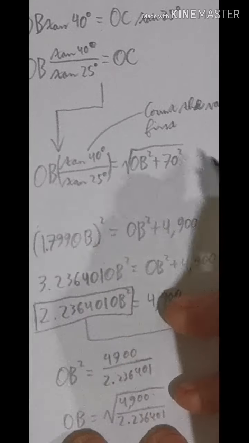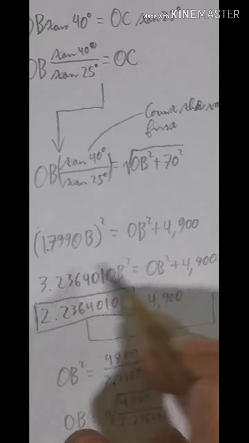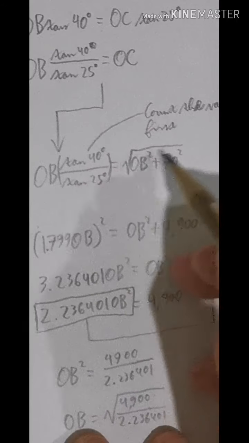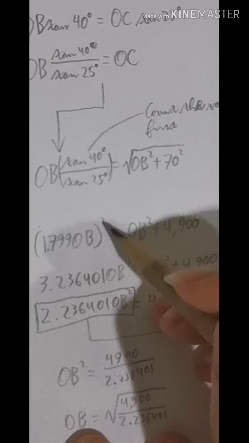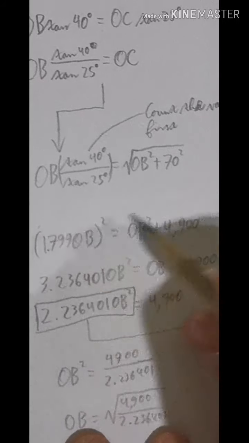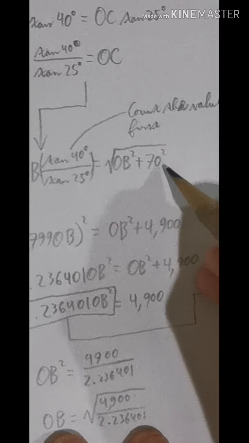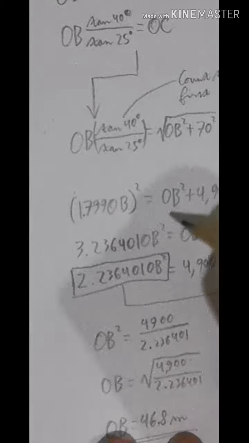So after we count the value, we move down here. Now what happened here? Previously there was a square root over there. We moved it there and it becomes a square, not a square root anymore. So we square this. And therefore, this one you can just count normally. So 70 squared becomes 4,900 and OB squared stays OB squared.